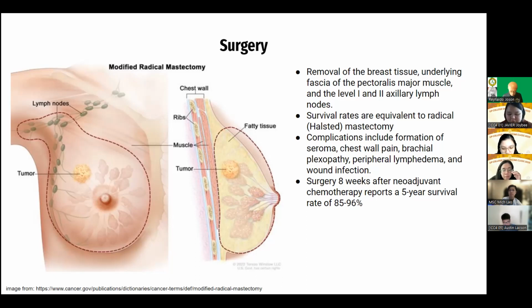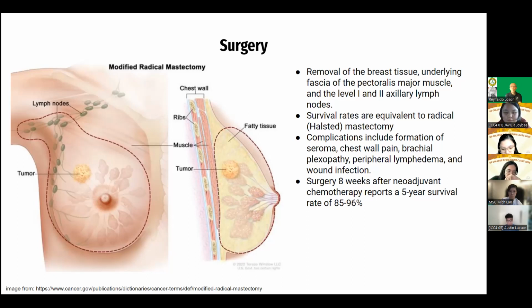So for surgical options of the patient, there are different types of mastectomies that are used in modern breast cancer surgeries. So they include the modified radical mastectomy, simple total mastectomy, skin sparing mastectomy, and nipple areolar sparing mastectomies po.